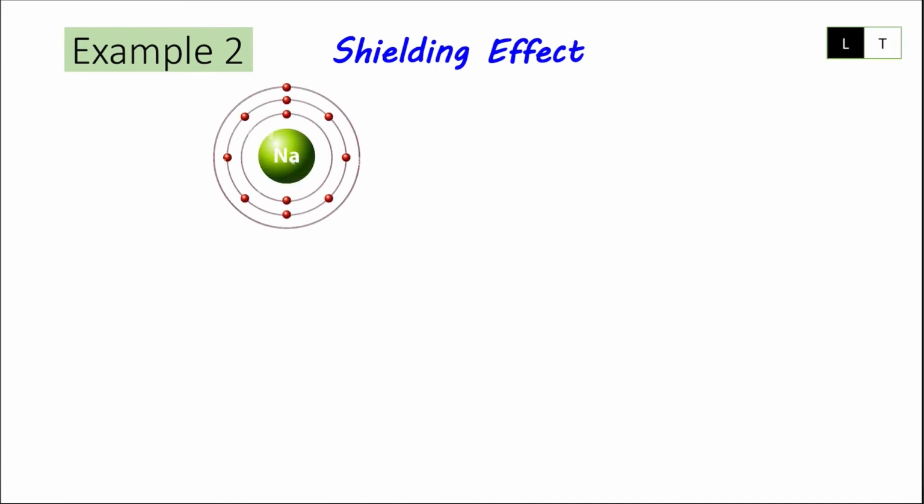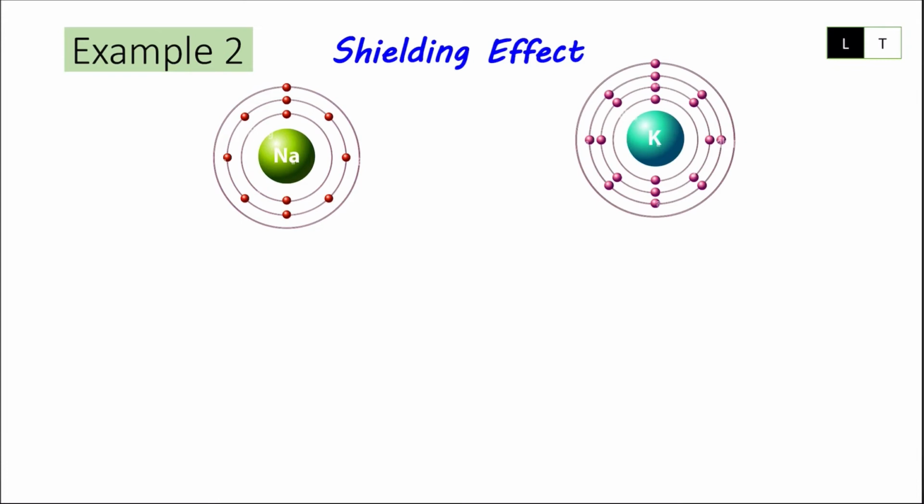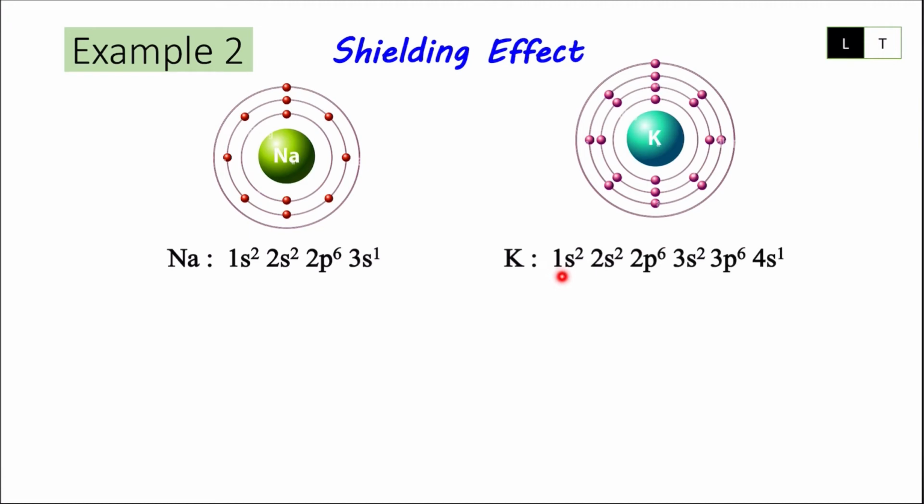Let's go through one example of how the shielding effect occurs between two different atoms. What I have here is sodium and potassium. For sodium, the electronic configuration is 1s2, 2s2, 2p6, 3s1. And for potassium, you have proton number 19, so 19 electrons, just like this one.